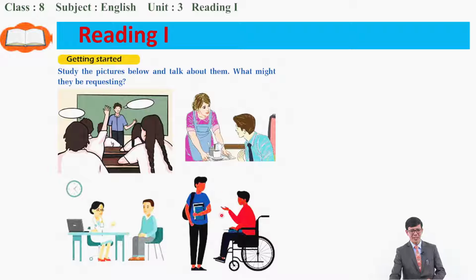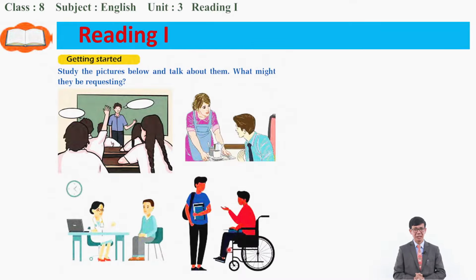Now, please look at this picture. You can simply make a guess, please. What might he be asking for? Do you think he might be asking for money? Maybe. He might be asking for money, but you can say he has a problem crossing the road, so he might be asking someone to help him cross the road.